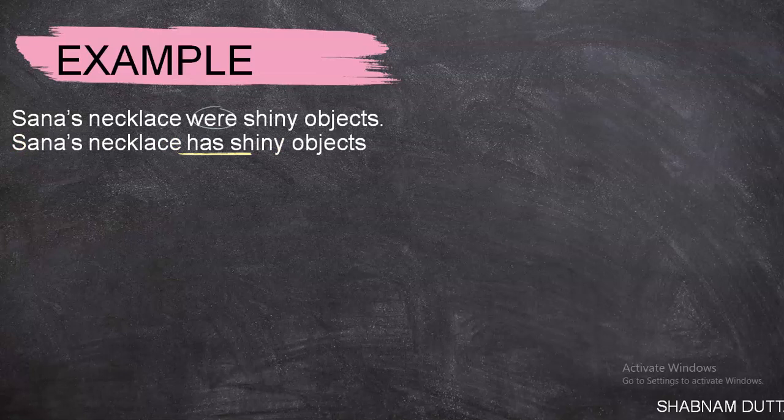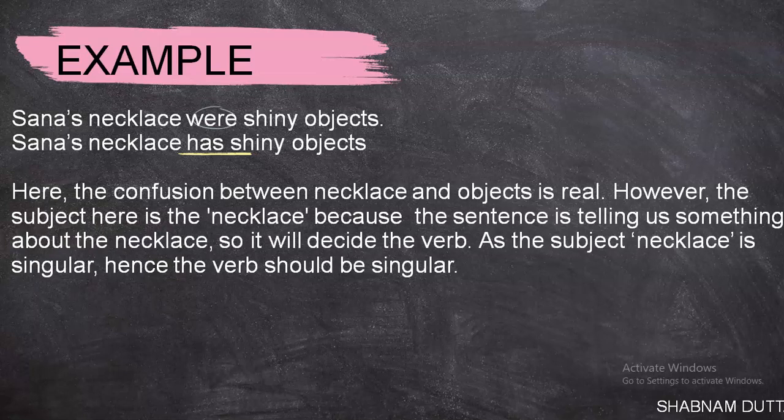Now, the confusion between necklace and objects is real here. Because both are nouns, you can consider them as subjects, and one noun is singular, one noun is plural. So, how to find it out? Just ask the question, what? What is it that has shiny objects? It's a necklace, a singular noun or subject. So, we have to use the singular verb "has" here.